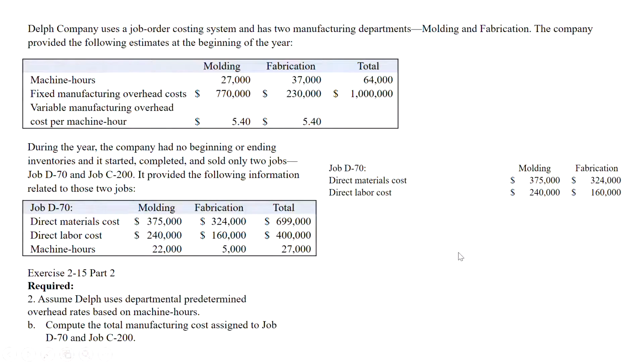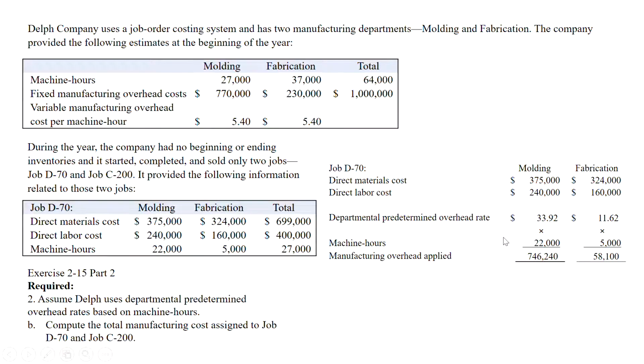But according to the normal costing system, we need to apply our manufacturing overhead based on our individual predetermined overhead rates that we just calculated. So I'm just pulling those from part A, $33.92 for molding, $11.62 for fabrication. Very similar to what we did with a plant-wide rate, we take the predetermined rate times the actual number of hours for the individual job.